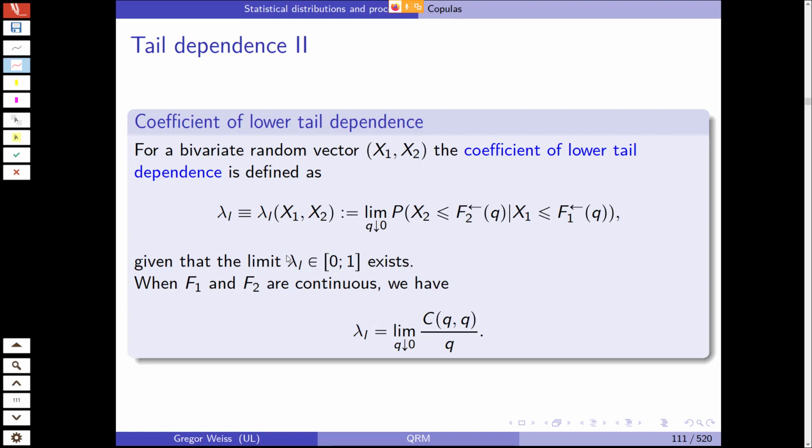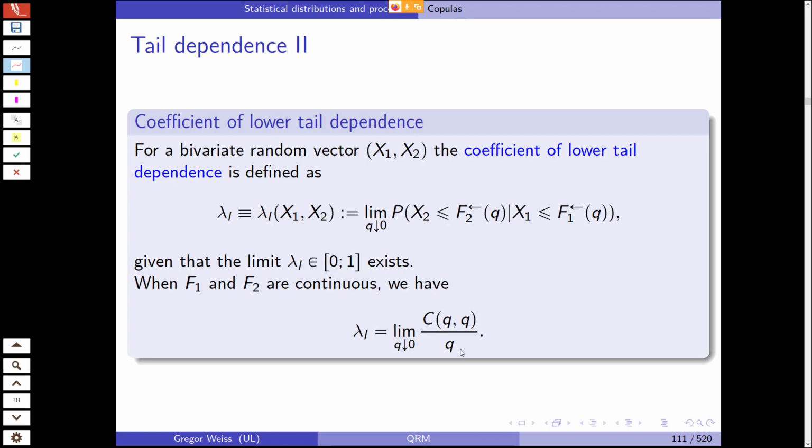Given, of course, that this limit exists. And for F1 and F2 being continuous, the coefficient of lower tail dependence is the limit of the copula C(q,q) divided by q. So we go to the left tail, to a very, very small probability, and we look at the limiting behavior of the copula, and we get a coefficient that is between 0 and 1.